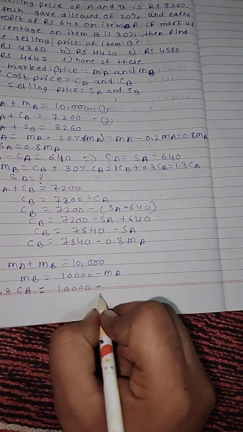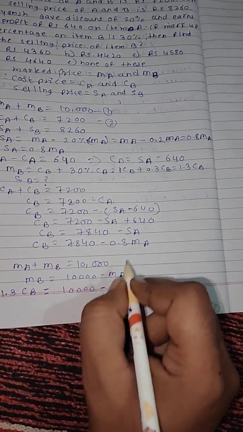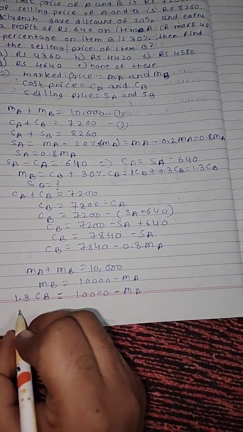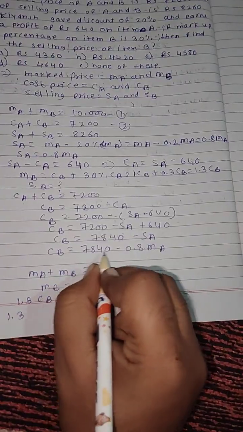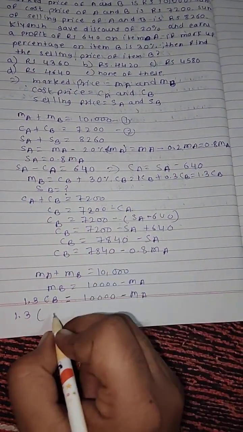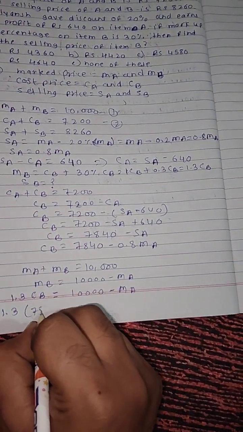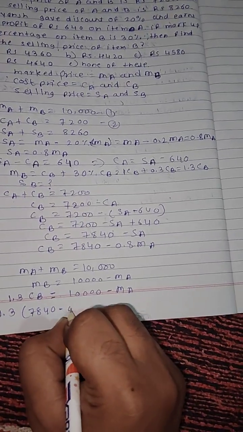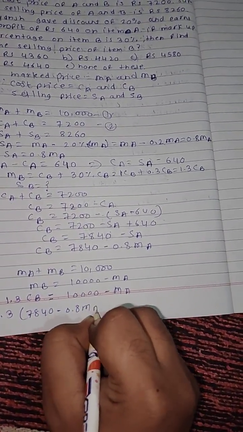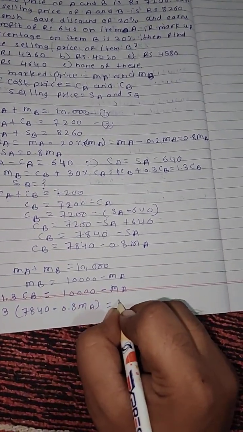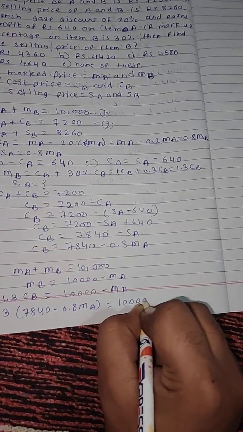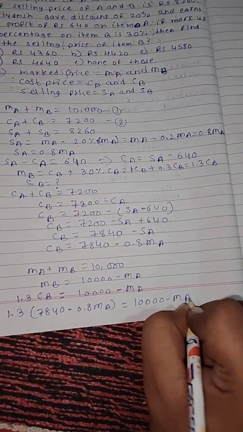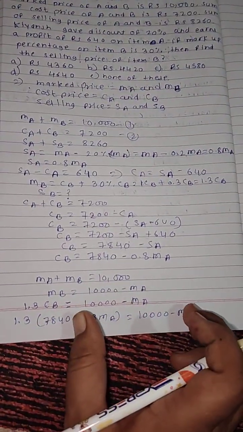So here the CB value we will substitute: 1.3 times CB, where CB is 7840 minus 0.8 MA, equals 10,000 minus MA. So up to here we have solved.